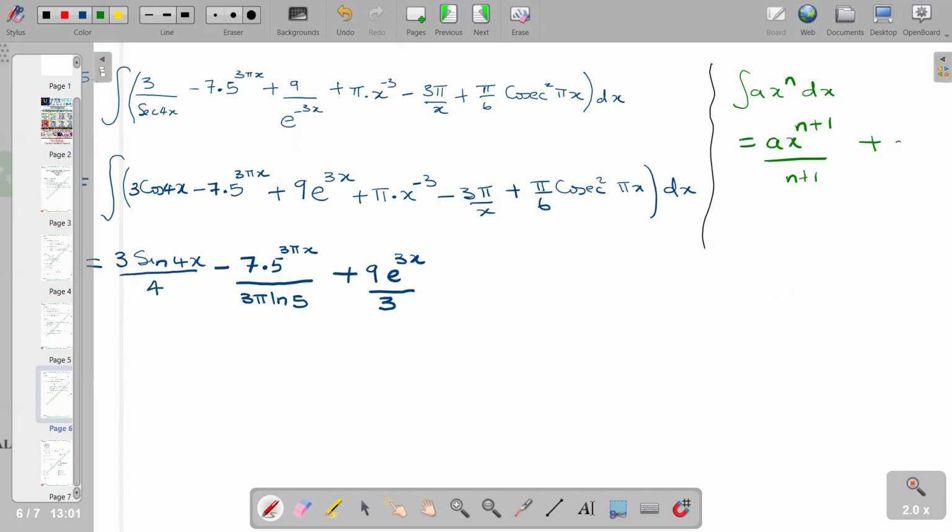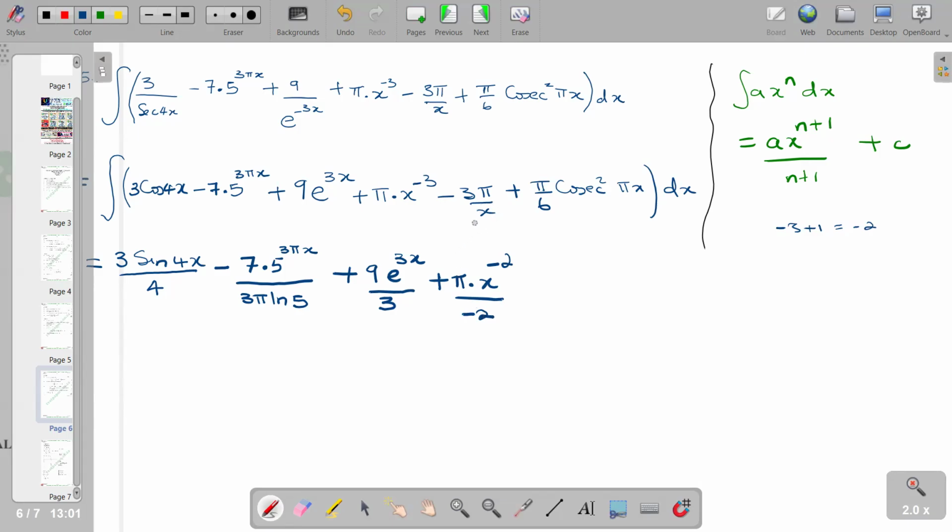So here we are going to have plus pi, then x. If you check our power there, it was minus 3, so it becomes minus 3 plus 1, which is equal to minus 2, divided by a negative 2 there.